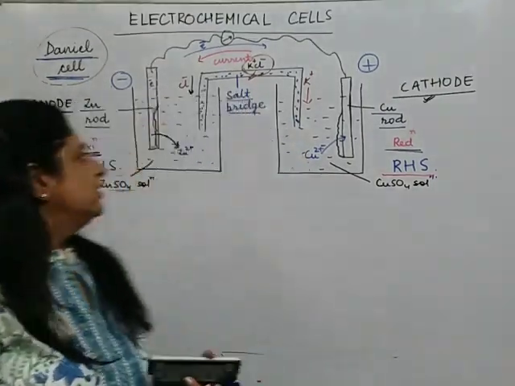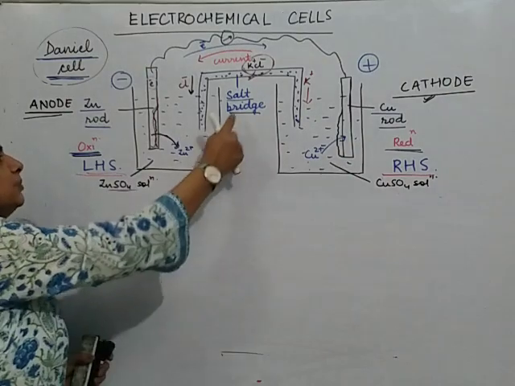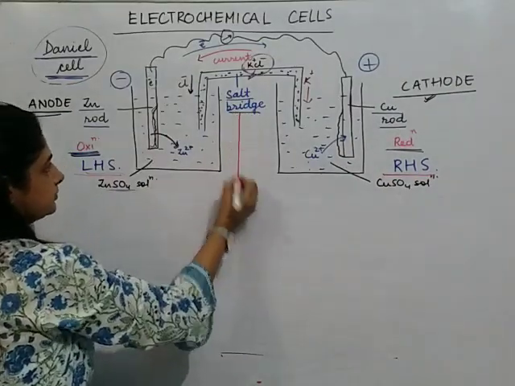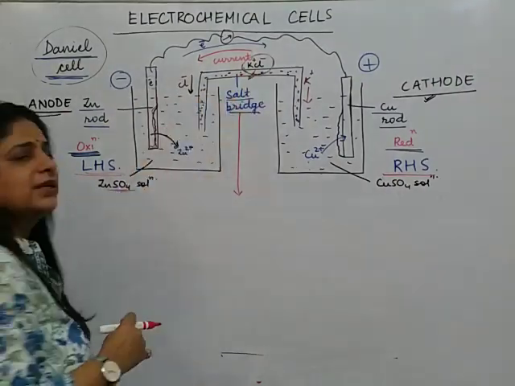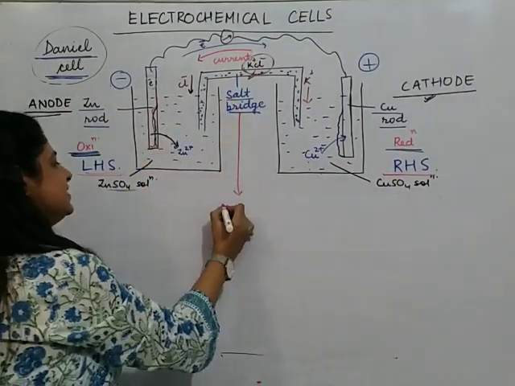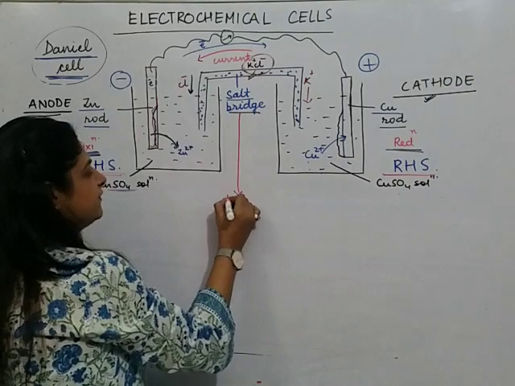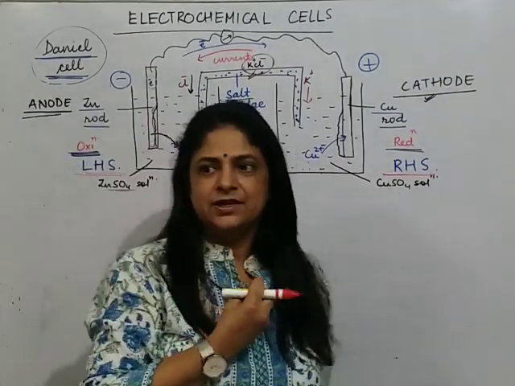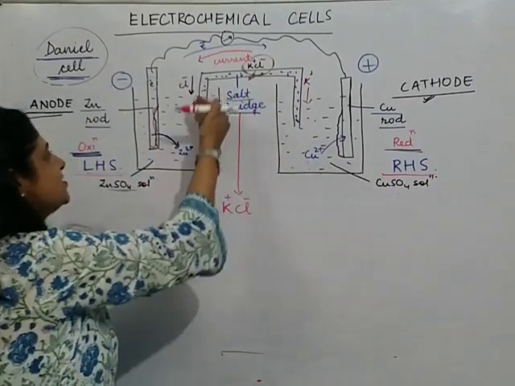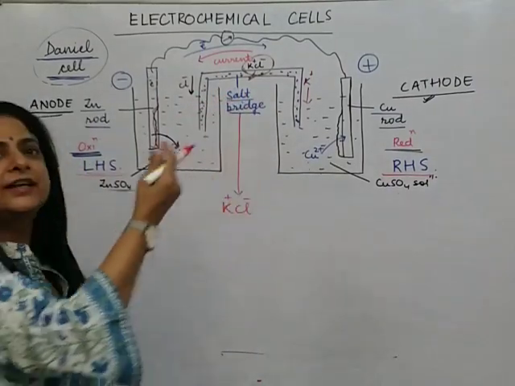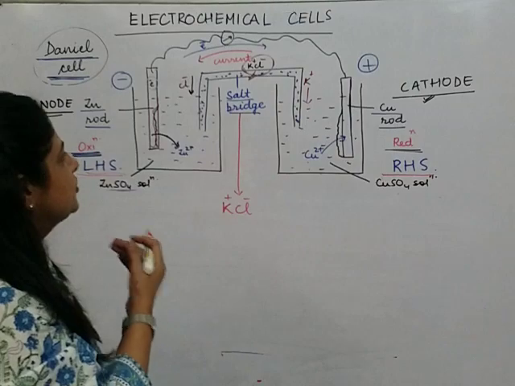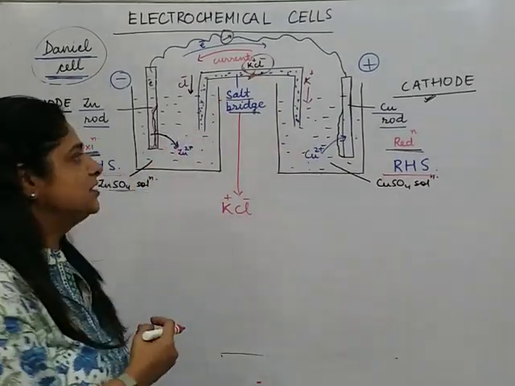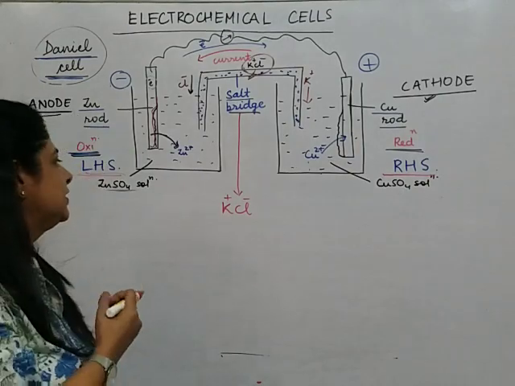Number one, when we are talking about the salt bridge and the electrolyte in it, we prefer the electrolytes which have equal mobilities. We know these are providing the corresponding ions, the positive ion and the negative ion, which are necessary, and they move towards these half cells to maintain the electrical neutrality.